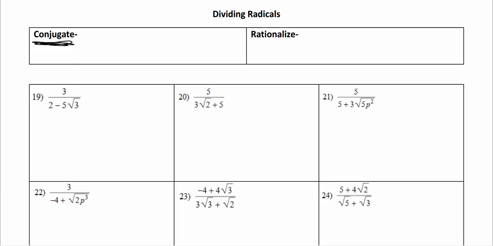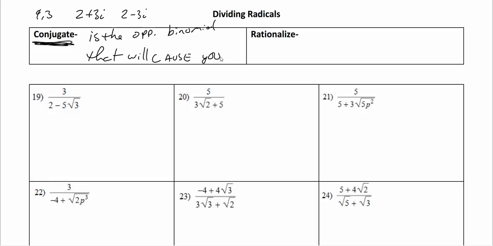This was actually in 4.3, when I wrote something like 2 plus 3i, and then you had to write the conjugate or its other root, and it was 2 minus 3i. That's what a conjugate is. Basically, a conjugate is the opposite binomial that will cause you to get rid of roots or i's.